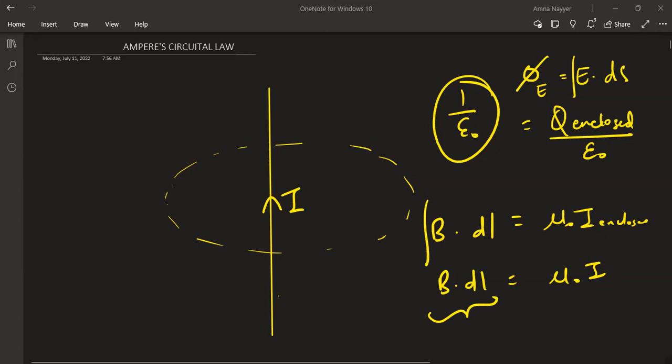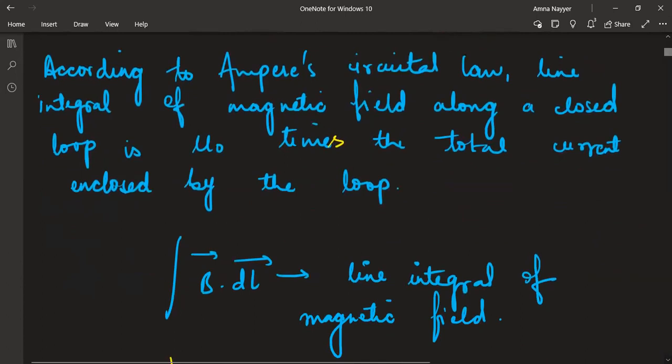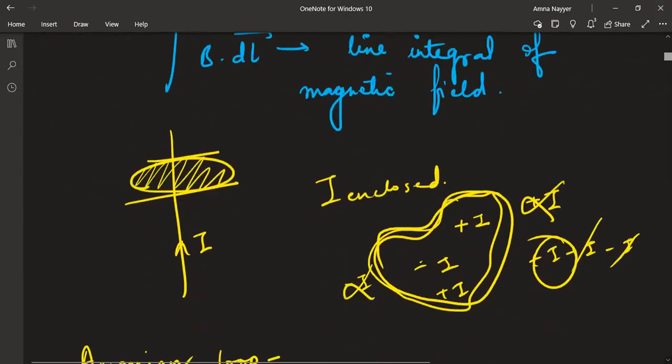According to Ampere's circuital law, the line integral of the magnetic field along a closed loop is mu naught times the total current enclosed by the loop. Ampere's circuital law is very important. It can directly be asked in your exam. Questions will also be there, and not only the questions, the law statement part can also be asked.